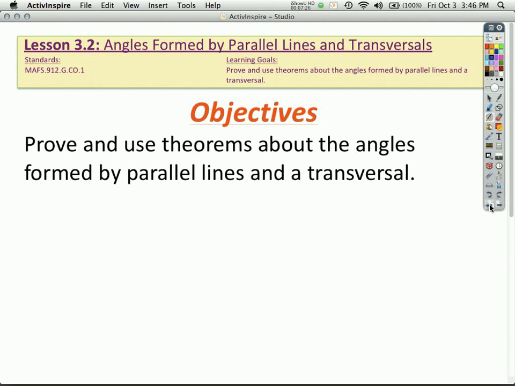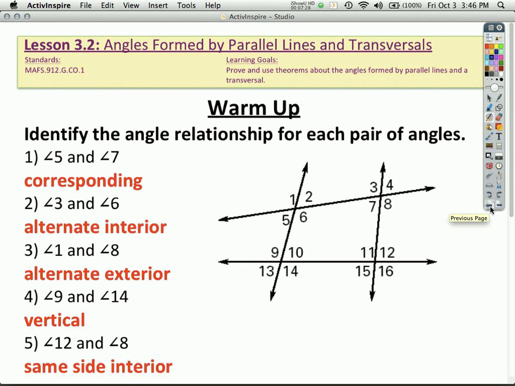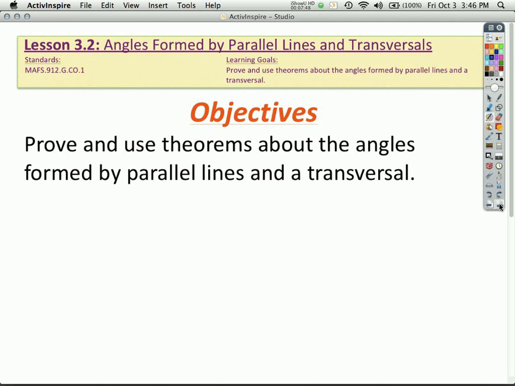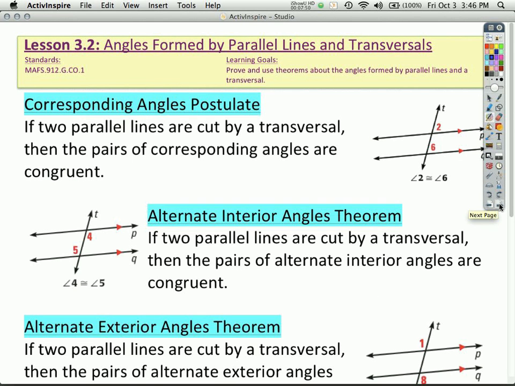So basically, and I'm going to rewind to the warm-up, we are actually talking about the exact same thing as you see here, except what happens when this line is parallel to this one. All of these different relationships take on a more significant meaning. What is their more significant meaning? We end up with postulates and theorems.